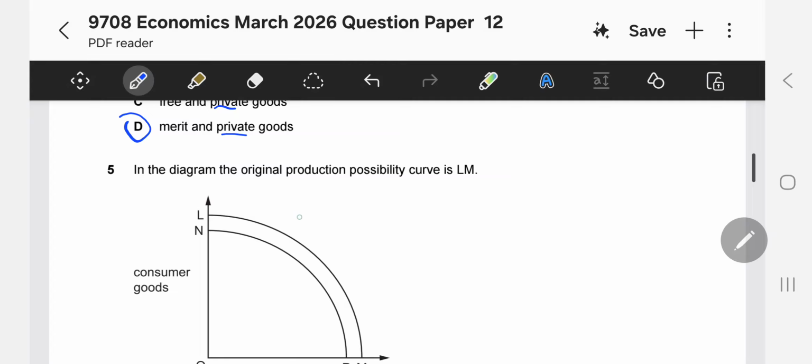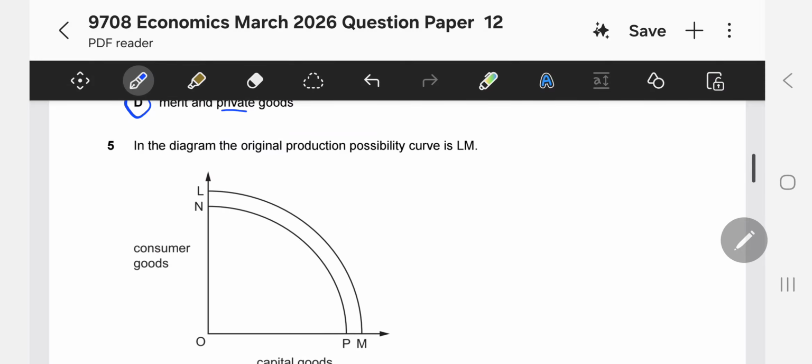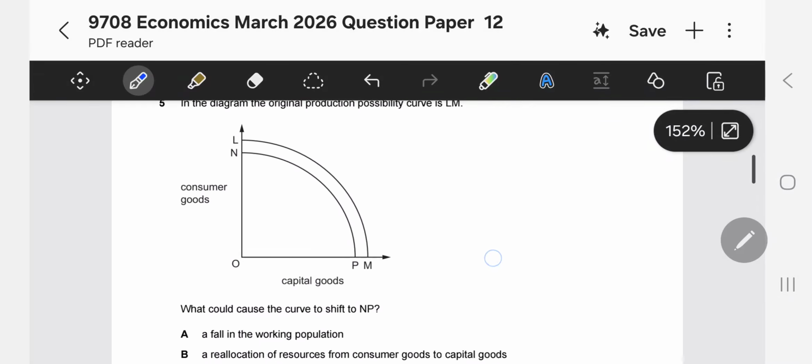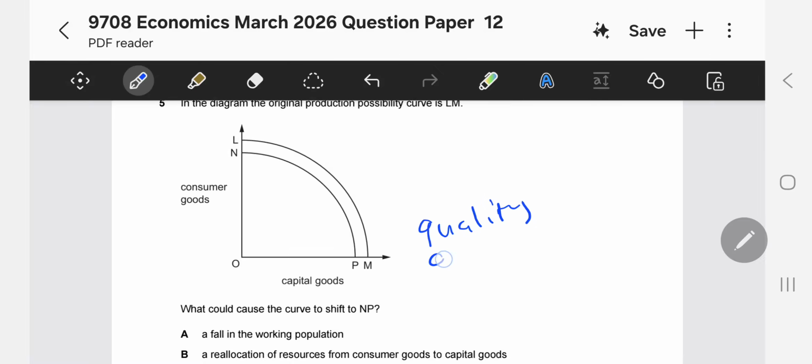In the diagram, the original production possibility curve is LM. Let's try to make it smaller. What could cause the curve to shift to NP? This would be something to do with productivity, or a change in quality or quantity of resources. Those 2 things can make the PPC shift.